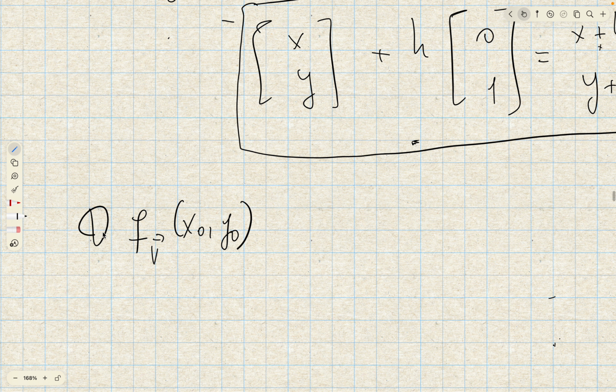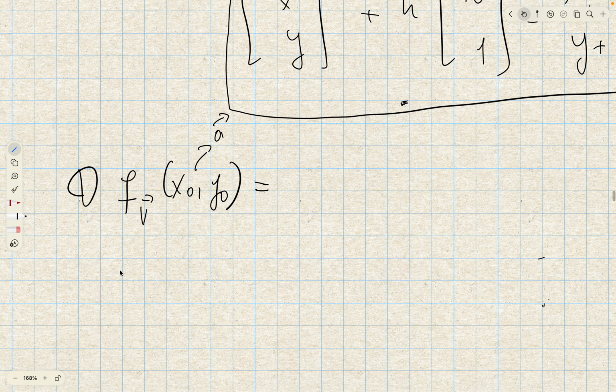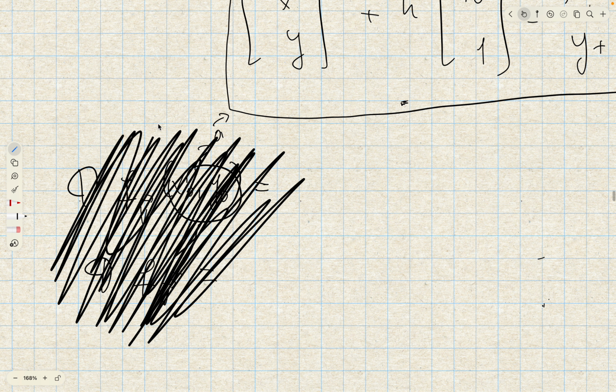In the direction of v, the derivative of f at x0, y0 is equal to, and this is a vector, and we can write it as D_v f, because we don't need to write this. We already represent this with the vector. Oh, no, that was a mistake. This vector is different than this vector.